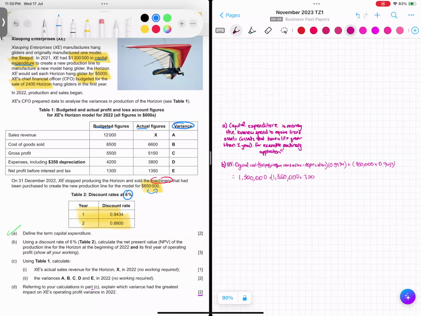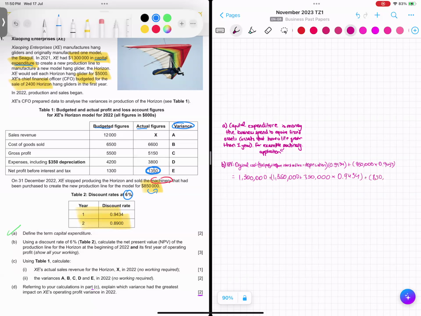We have it here, and it's for 2022, keep in mind. Plus we multiply by the discount rate, because again we need the depreciation, and then we just add the rest.